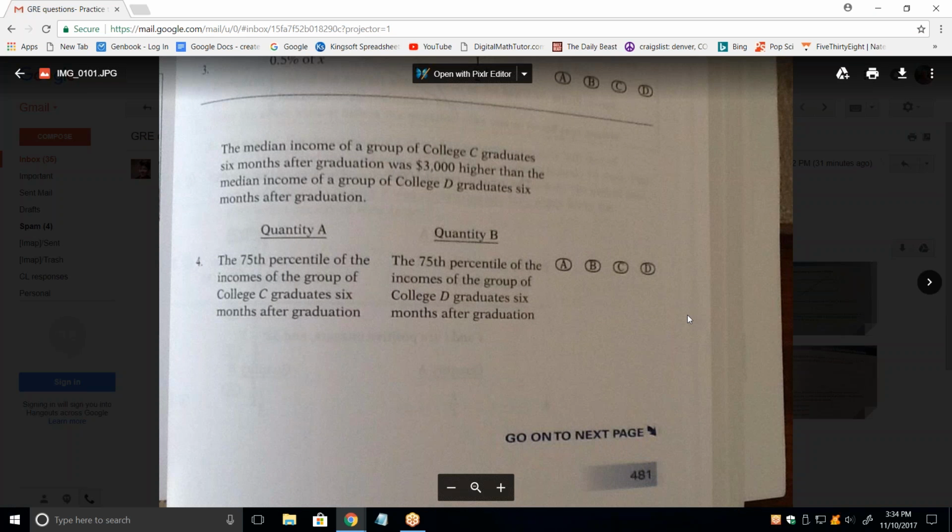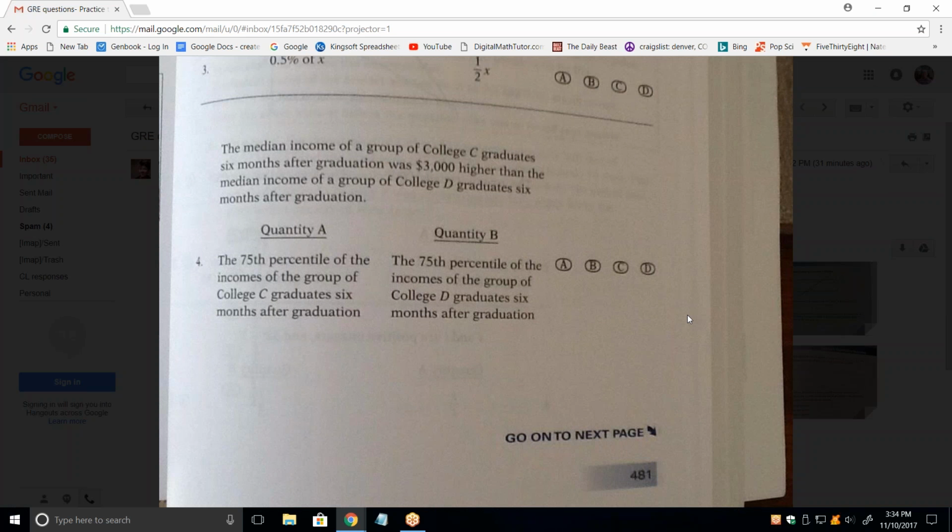Right. All right. The median income is $3,000 higher than the median income of college D graduates.